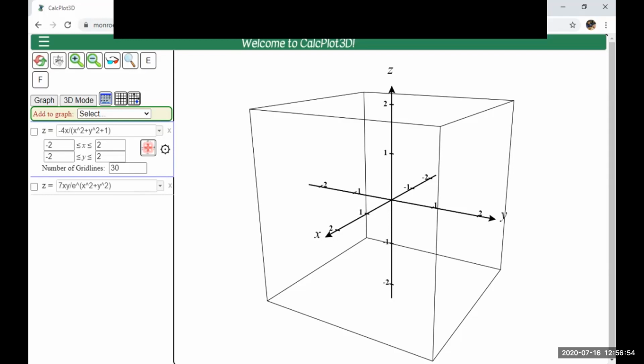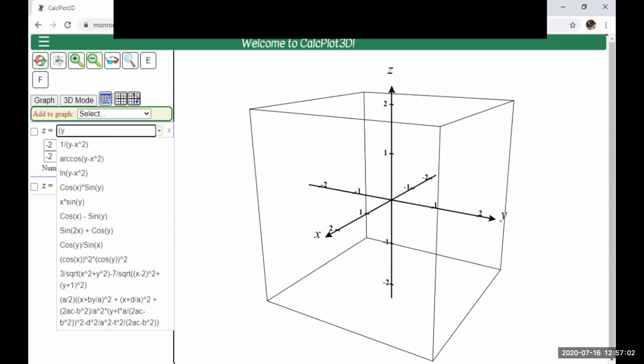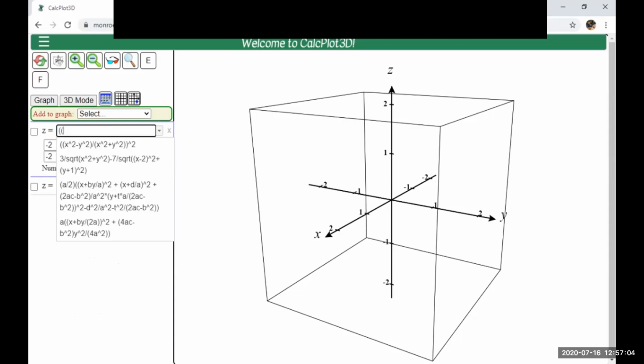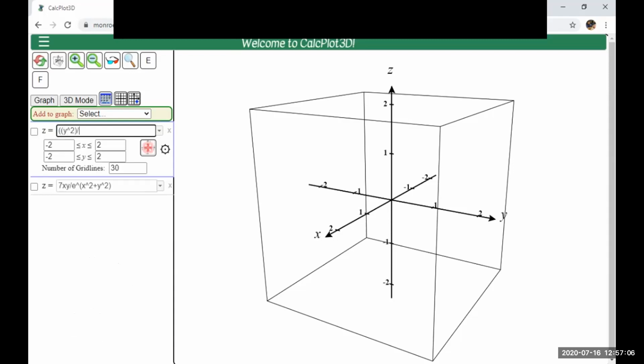Z would be y squared over 4 minus x squared over 3 minus 1.